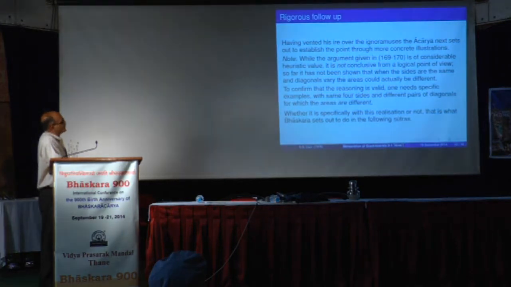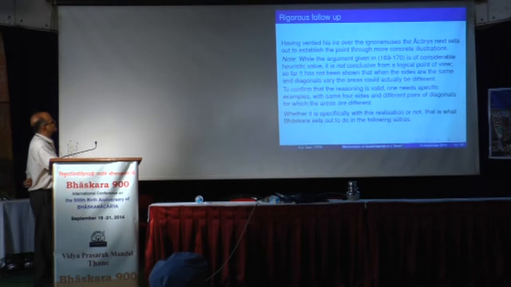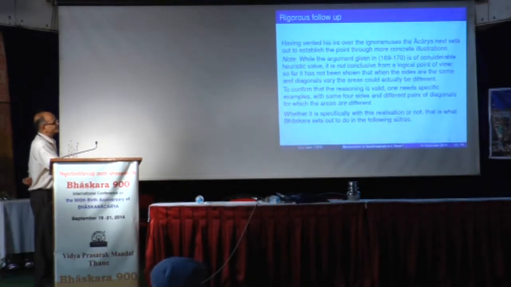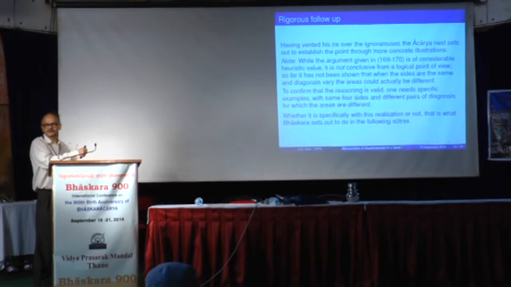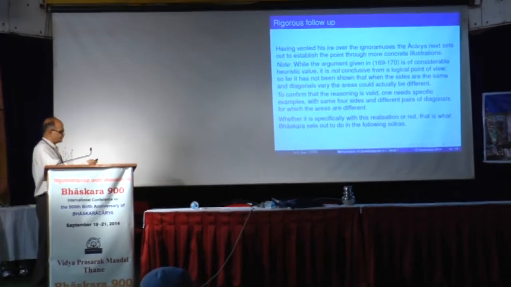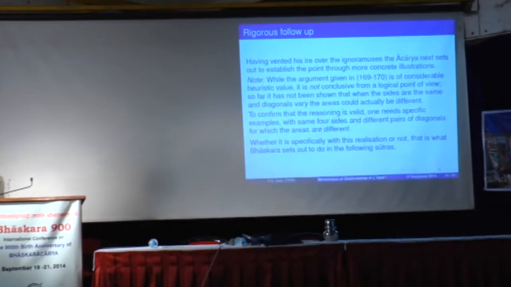Okay, so then that's not all. It does not stop there. Having vented his ire on the ignoramuses, the Acharya next sets out to establish the point through more concrete illustrations. Now before going forward, let's point out that the argument that was given in terms of moving the vertices closer, though it has considerable heuristic value, is not conclusive.